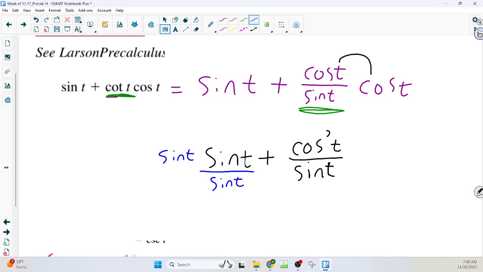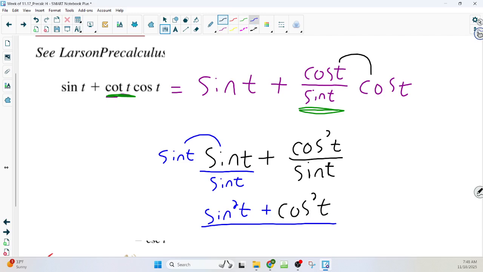I don't know that this is going to work, but I do see that I have sine squared plus cosine squared, so that makes me kind of happy, right? Because now when this multiplies here, I'm going to have sine squared of t plus cosine squared of t, all over, we'll just leave this guy alone, that's the common denominator, sine of t.